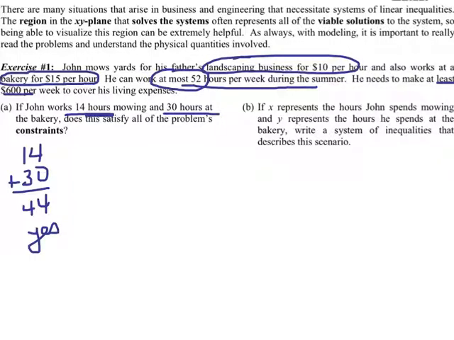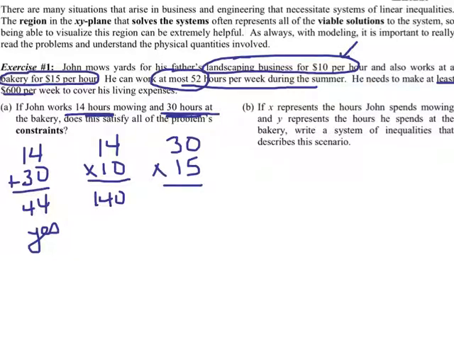The second part, though, is the money. He's going to do 14 hours mowing. Well, that's 14 hours times, how much does he get mowing? You got to go back up the top here, and it's $10 on the landscaping. So if I multiply 14 times 10, I get 140 bucks. And the other job, it said 30 hours at the bakery. So you got to do 30 times $15 an hour, and if I multiply that, I get 450.